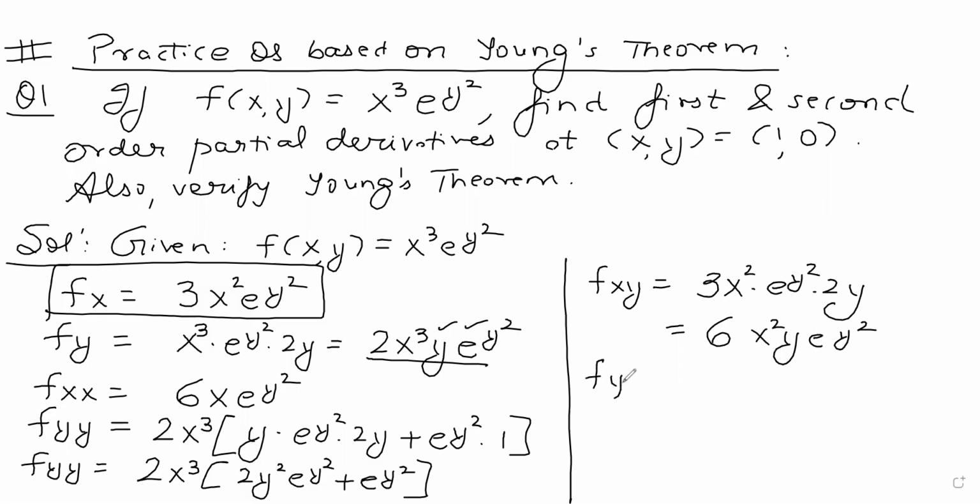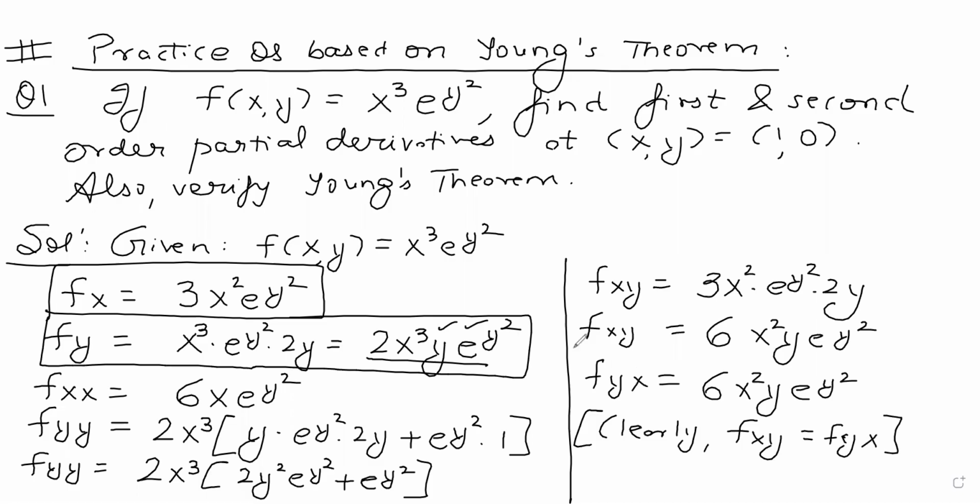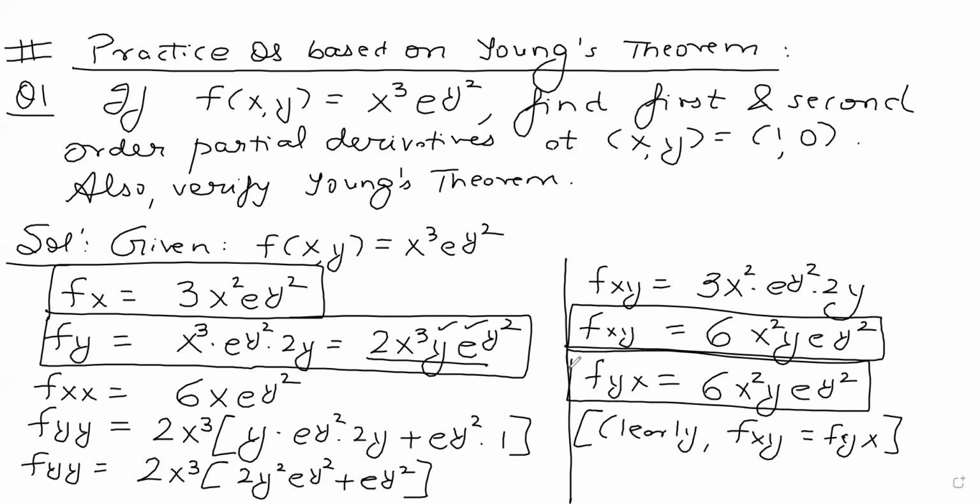And then fyx will be: fy is getting differentiated with respect to x. So it's going to be 6x square y e to the power y square. So clearly all students can see that fxy is exactly equal to fyx. The two are exactly the same.